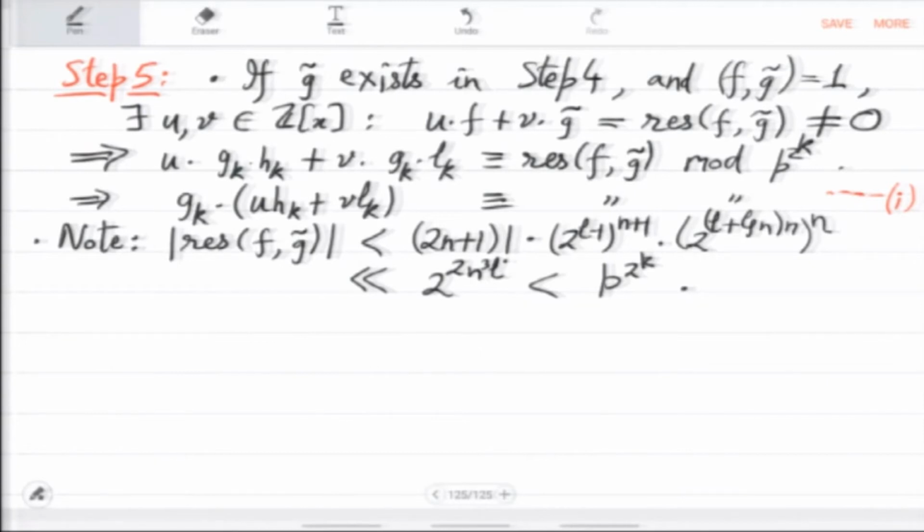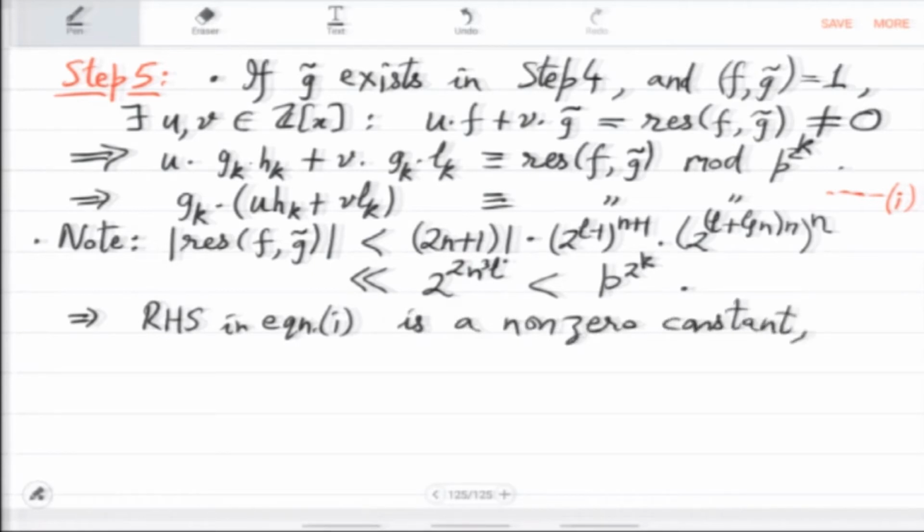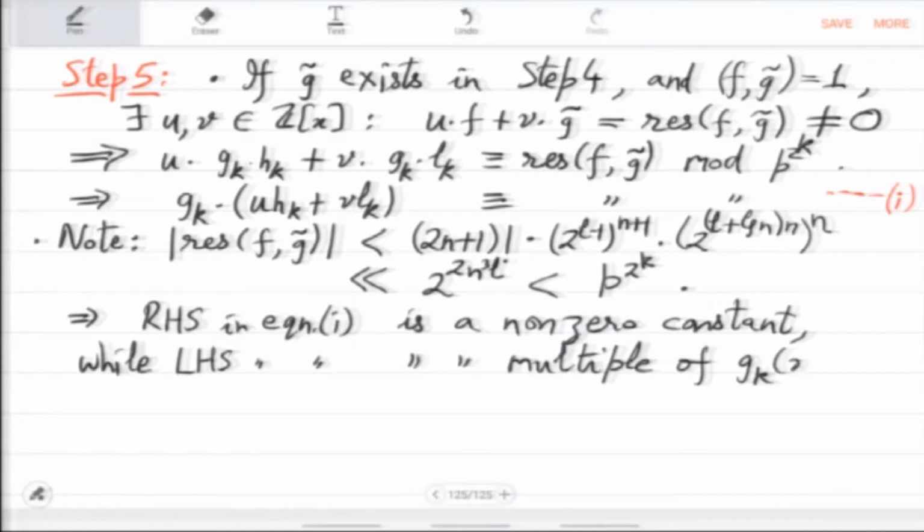So in equation 1, RHS is non-zero. So this implies that RHS in equation 1 is a non-zero constant, in fact, while LHS in equation 1 is a non-constant polynomial, or is a multiple of GK of X. Okay, so RHS is a non-zero constant, LHS is a multiple of a polynomial GK of X. Now multiples of polynomials are again non-constant polynomials except the 0 multiple, but it's not a 0 multiple.